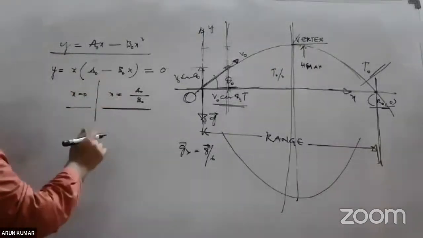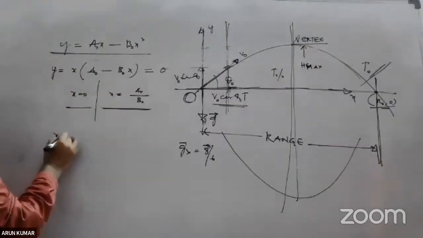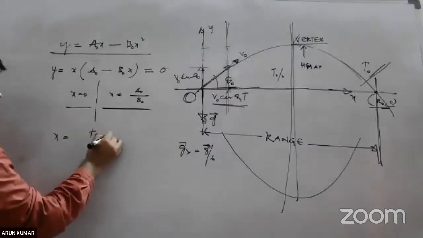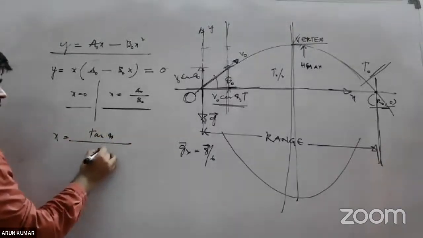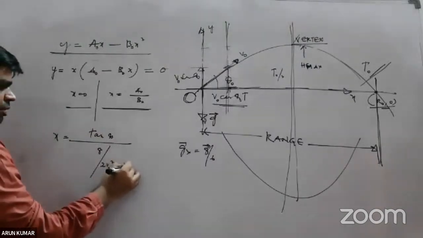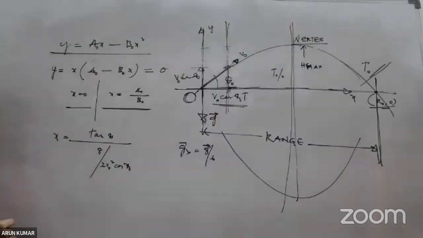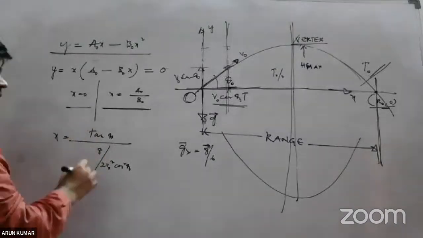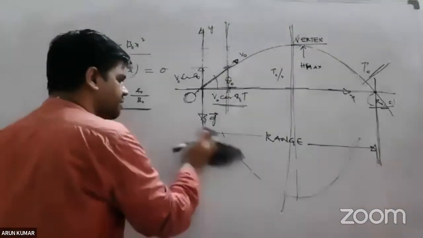Okay, now let us substitute A naught and B naught. Can you substitute and tell me what is x? X is equal to tan theta by G by 2 V naught square cos square theta. Yes, sir. ఇది సింప్లిఫై చేద్దాము. What do you get if I simplify? Let's see.